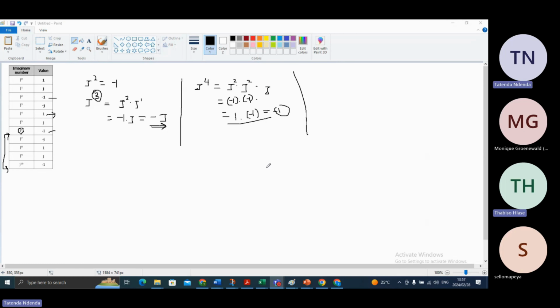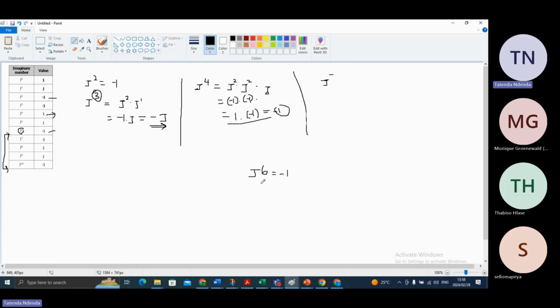It's a bit difficult. So what I did, I said from j to the power 6, I said j to the power 6 is equal to -1, and I said j is equal to 6 times -1. Let me write it down. j to the power of 6 is equal to what? -1.